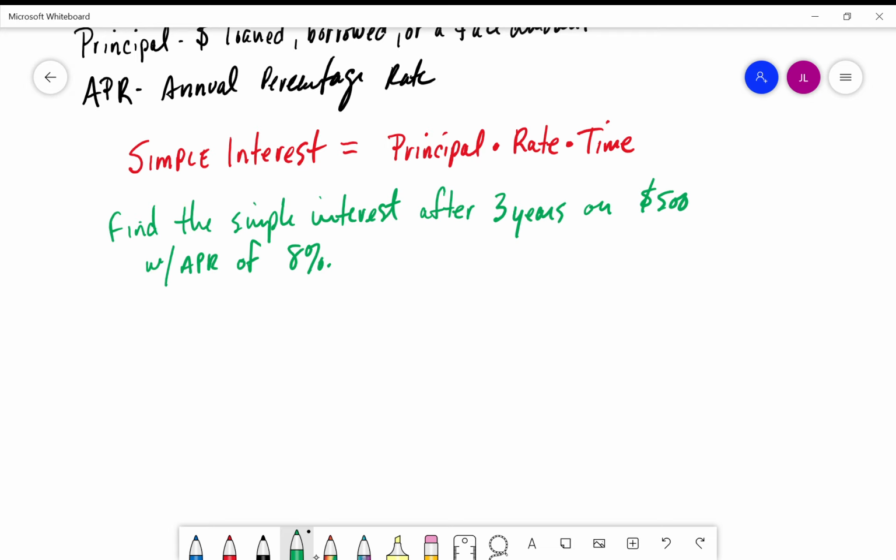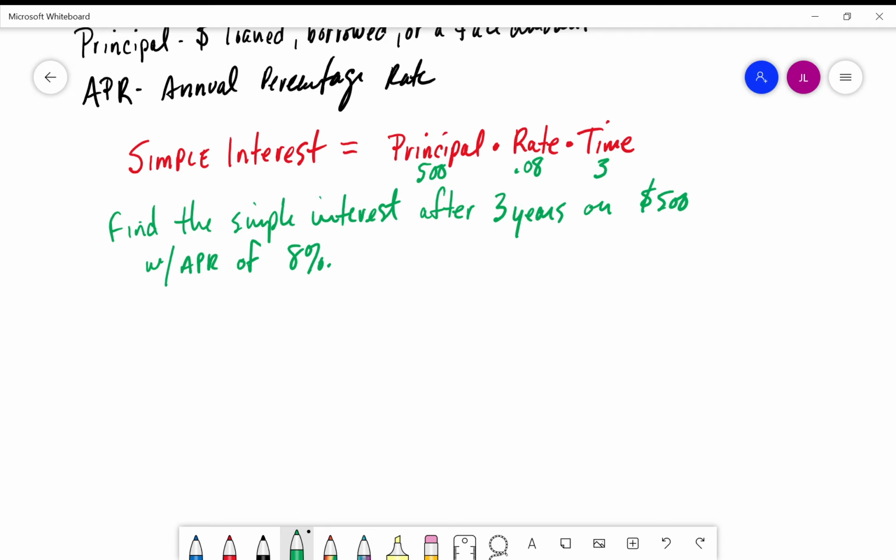Well, we use simple interest, the principal times the rate times the time. The principal here is $500. The rate is 8%, decimal equivalent, we need to use 0.08. And the time, 3 years, well, the APR is in a yearly rate, so if we have full years here, we can just do it by the number of years.